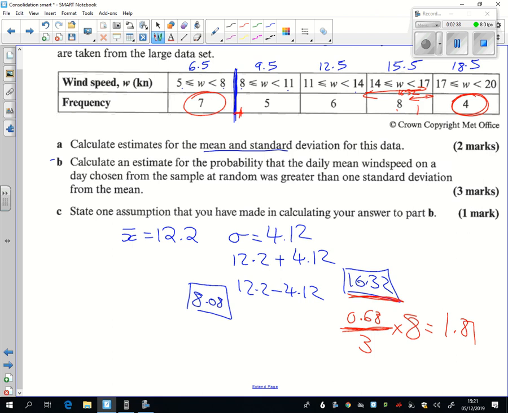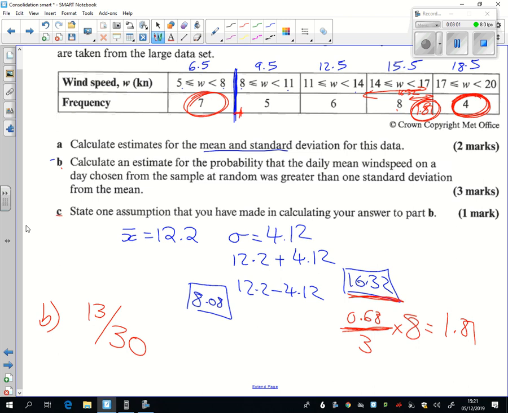So I've got 1.81 days there, 4 days there, and 7 days there. That's making a total of 11, 12, 13. So I think there's 13 days out of the 30. So I've got 13 out of the 30 for my probability in part B.